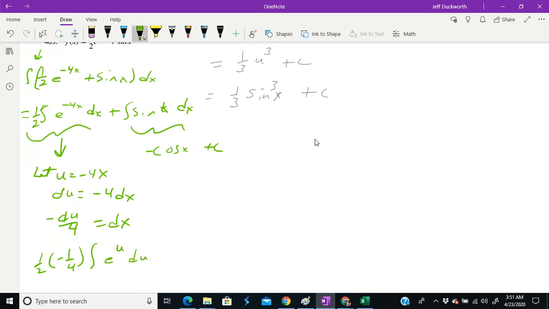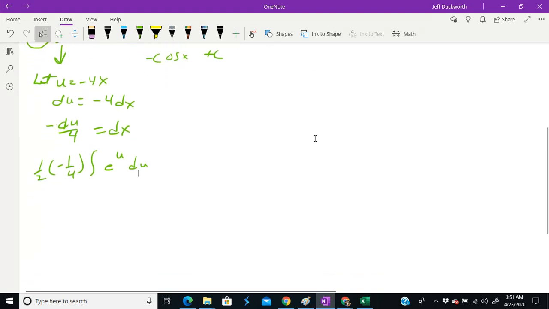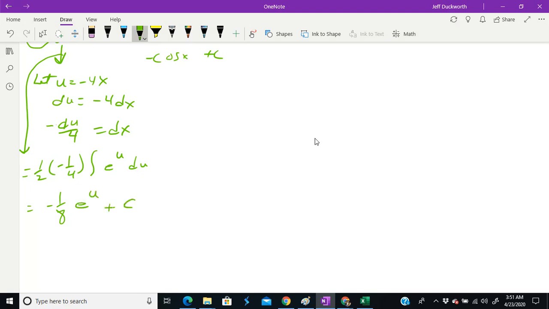So we have negative 1/8 back with e to the u. And this is just this one part. I'm breaking it into two pieces here. So this is negative 1/8 e to the u plus c.